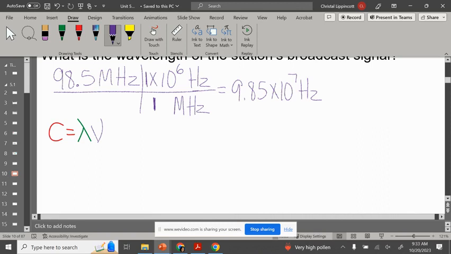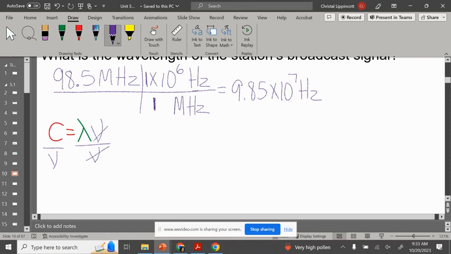I am solving for wavelength, so I want to get wavelength by itself. How do I get wavelength by itself? What am I going to do? Divide by frequency. Right. I'm going to divide both sides by frequency.